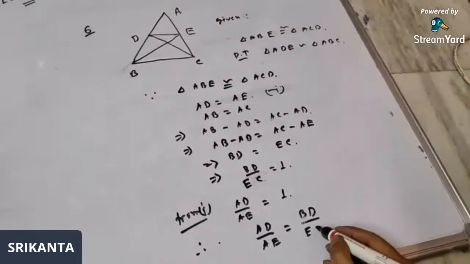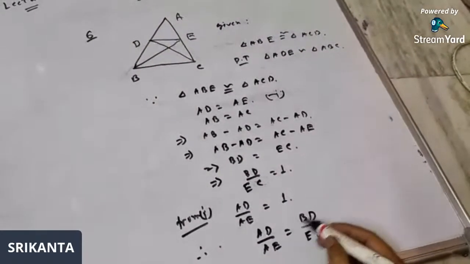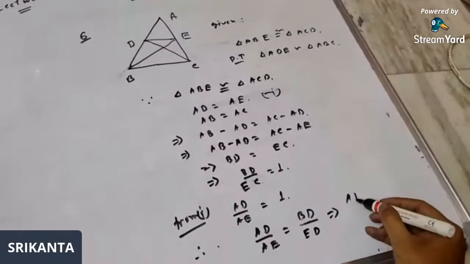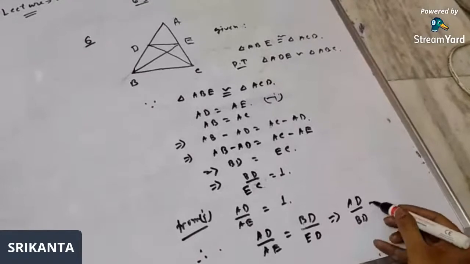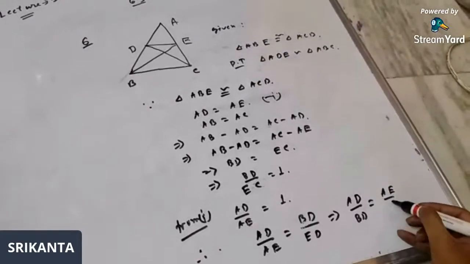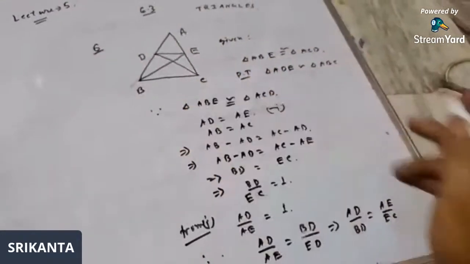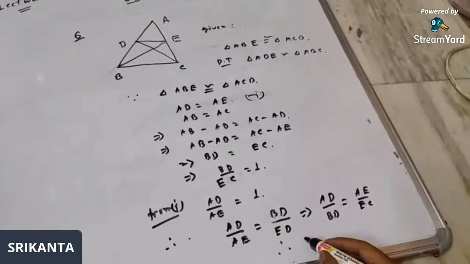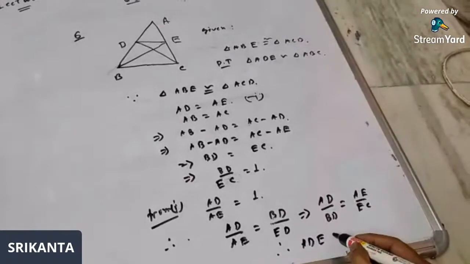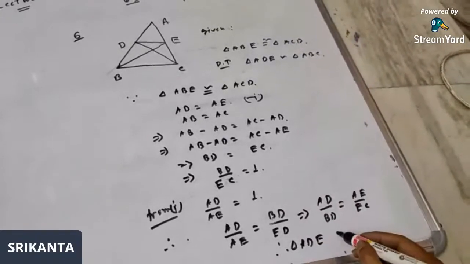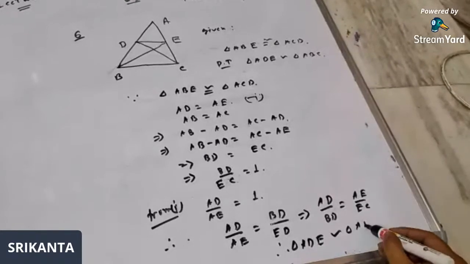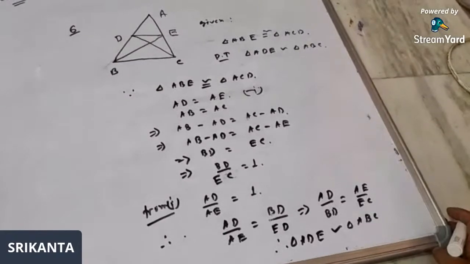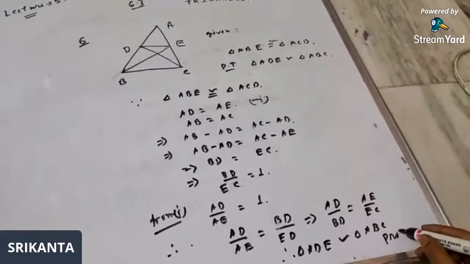So hence just transform it to here. We can say AD by BD is equal to AE by EC, right? So corresponding sides are proportional. Therefore, hence, what can you say? Triangle ADE is similar to triangle ABC. Clear? This becomes our proof.